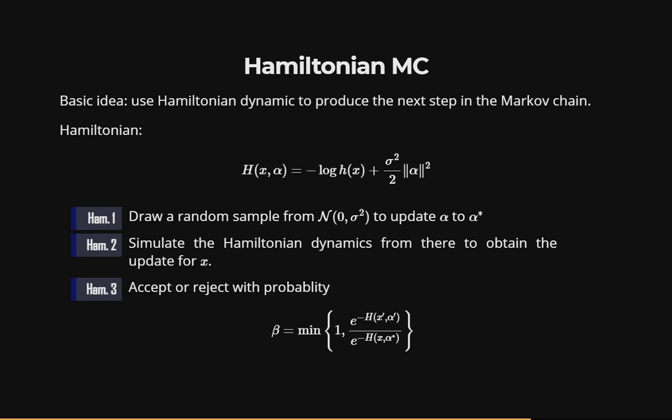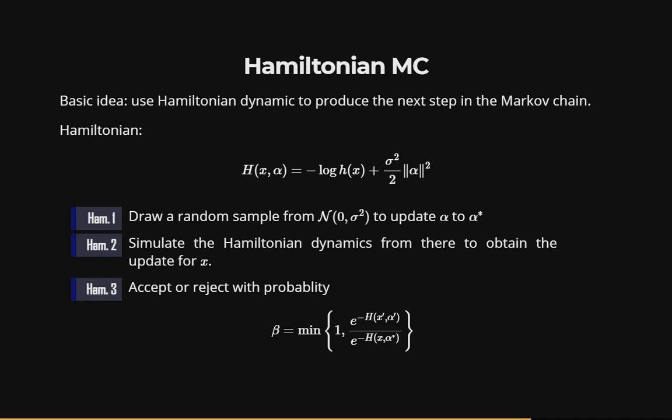So we have the density function h on the x part and a Gaussian density on alpha with variance sigma squared and mean 0. So when we take the exponential of minus h, we're actually comparing the two joint probability distributions between the x variables and the alpha variables.